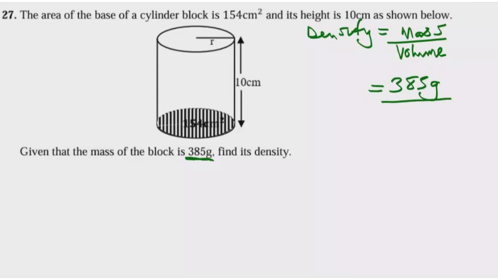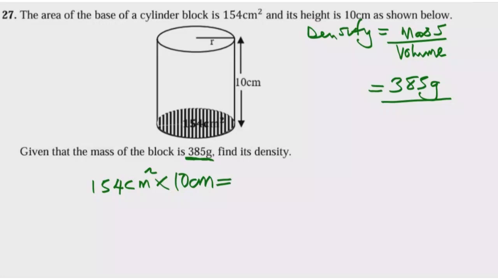So how do we find the volume of a cylinder? We multiply the area by the height. So we say 154. I will include the units so that you don't get confused, then times 10 centimeter. Okay, so 154 times 10.